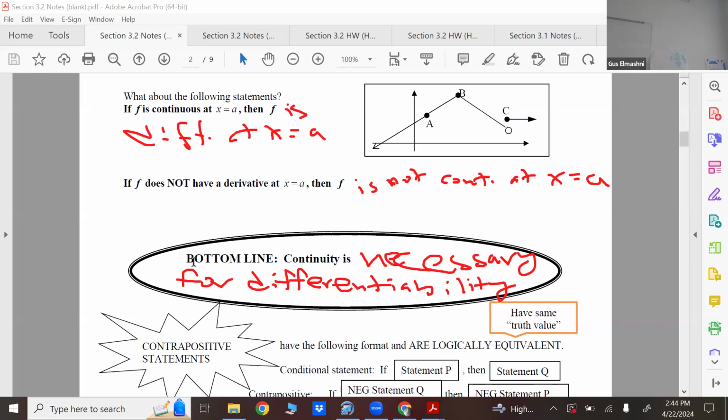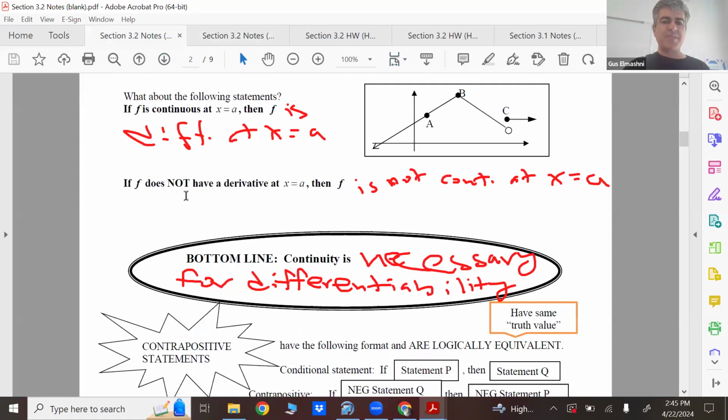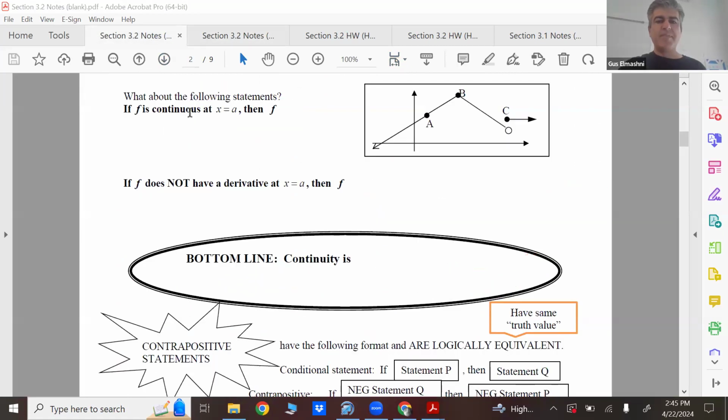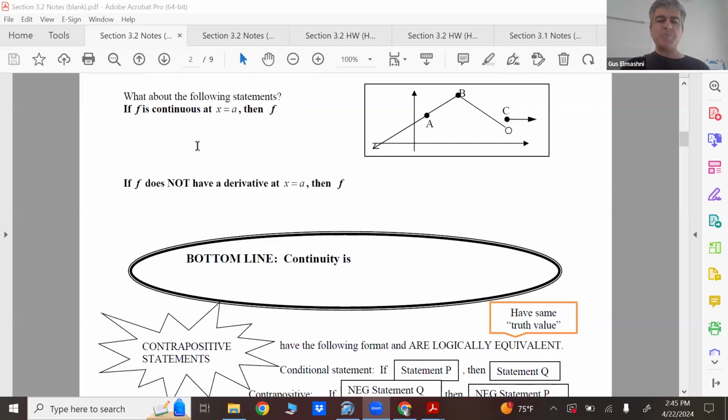Gosh darn it, I messed you guys up. Sorry. Let's come back to this. No, you're right, Catherine. This is actually the converse, and I just meant if then f might. Sorry about that, guys. Erase that part. My apologies. I can't believe I did that.